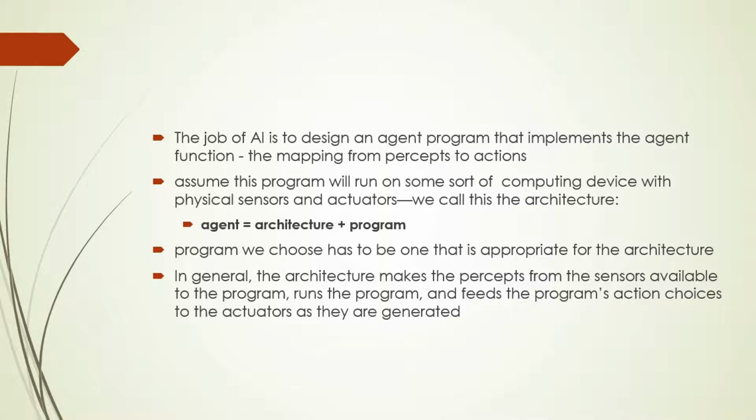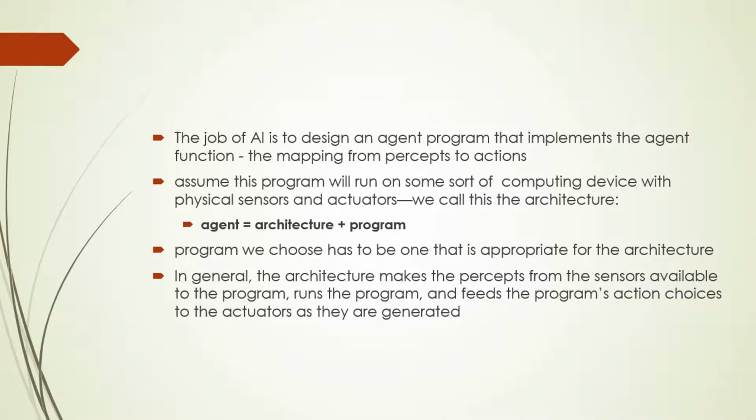For example, if we want an agent that is going to be able to perceive, the architecture should make the percepts from the sensors available to the program. It should run the program and feed the program's action choices to the actuators as they are generated.